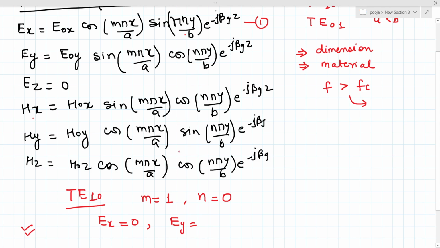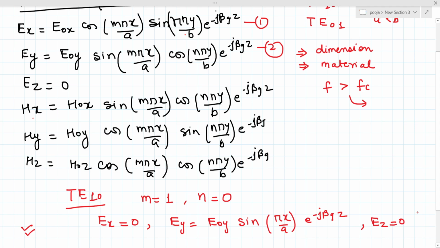Ey will have only the sine component, and the cos component will become 1. So Ey will become E0y sine of pi x by a, since cos 0 is 1, times exponential of minus j beta g z. From equation number 2 we have put the value of Ey here. Ez is 0.